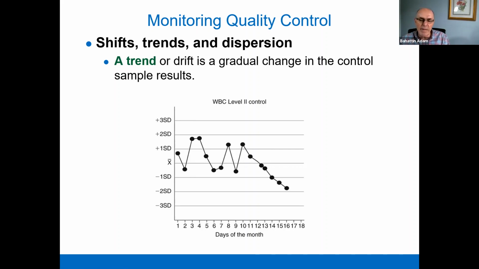And if your measurement is within 2 standard deviations, you can go ahead and measure the patient samples. Otherwise, if you have an out-of-range control result, you shouldn't release the patient results.